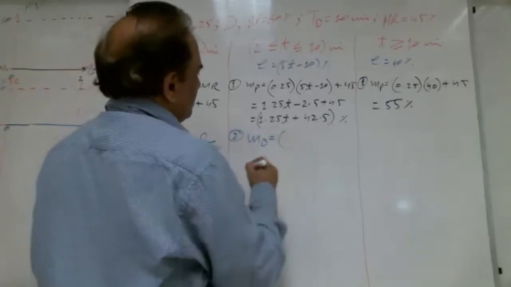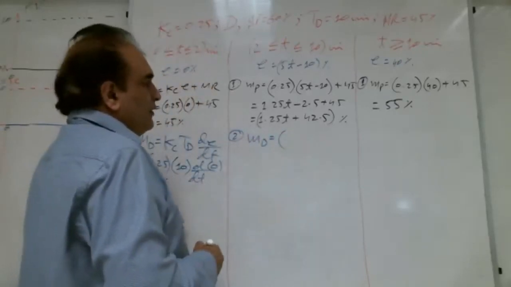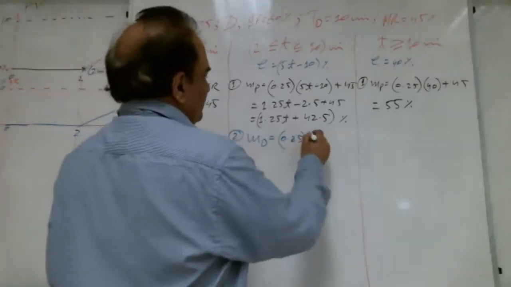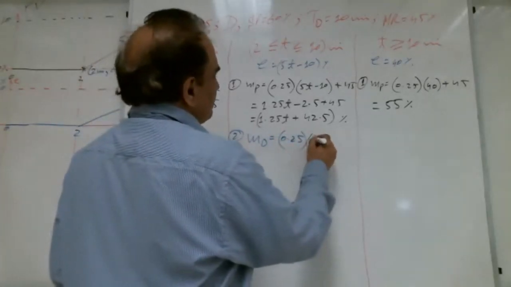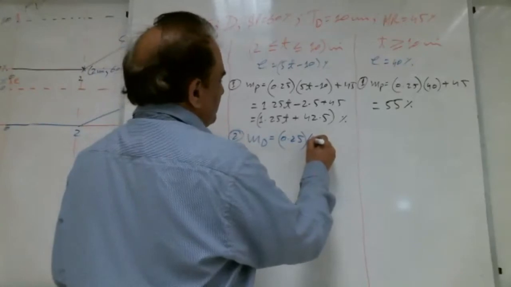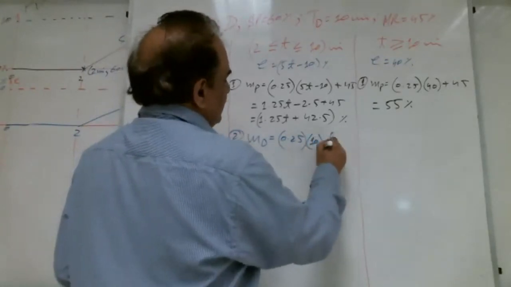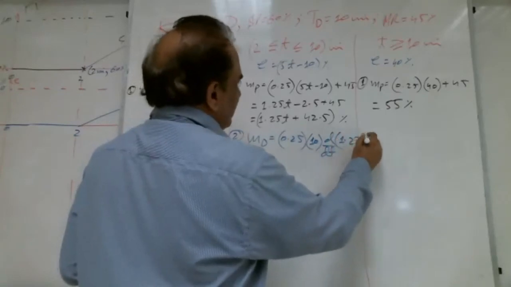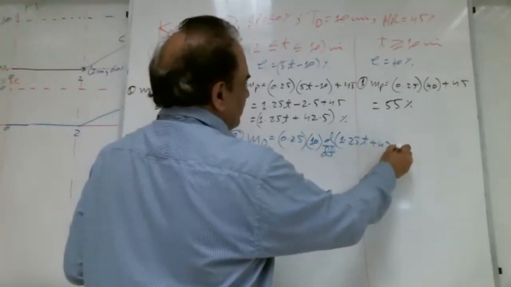Step 2 here. KC how much? 0.25. How much is the error? 5t minus 10. d over dt of 1.25t plus 42.5. Is this correct?